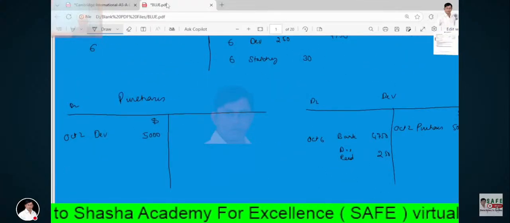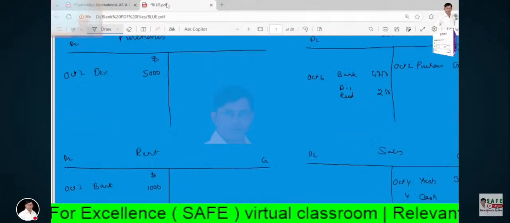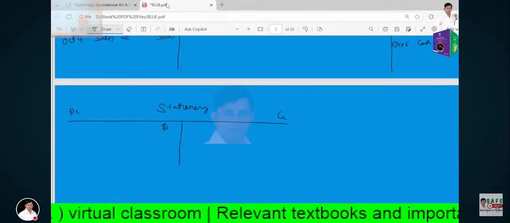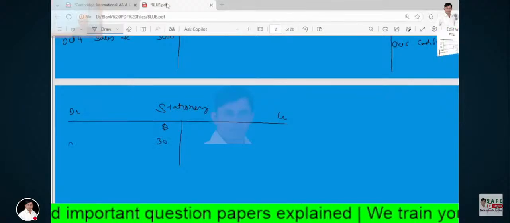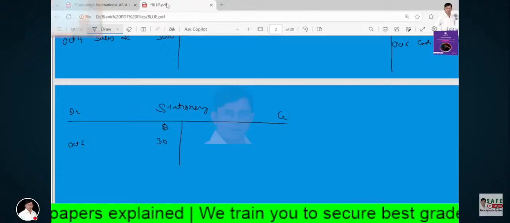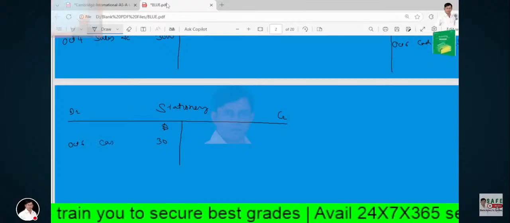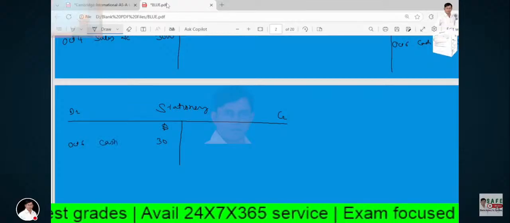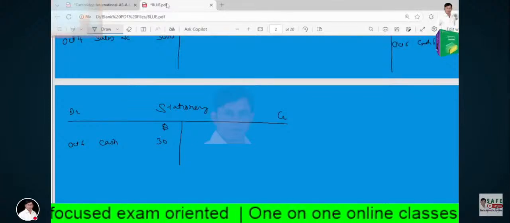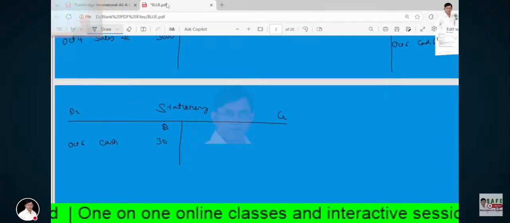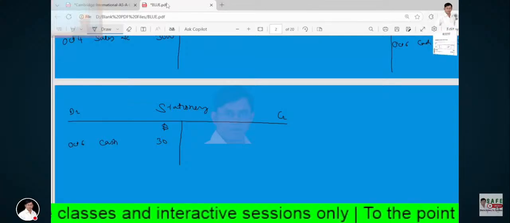So what you have to do is write stationery here, October 6th. Through cash we have paid for stationery. The stationery account is always debit, and we have to credit cash, because cash is going out. Debit stationery with 30, credit cash.